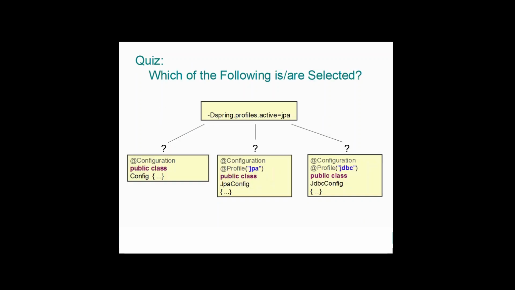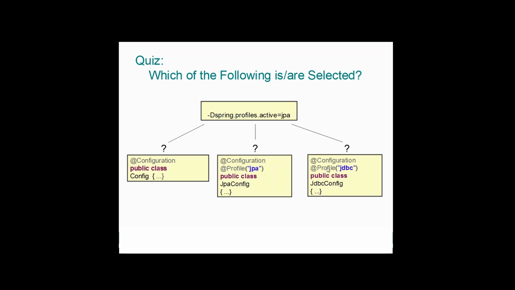Which of the following will get selected when you enable this -D option with spring.profiles.active equal to JPA? It's the second one.